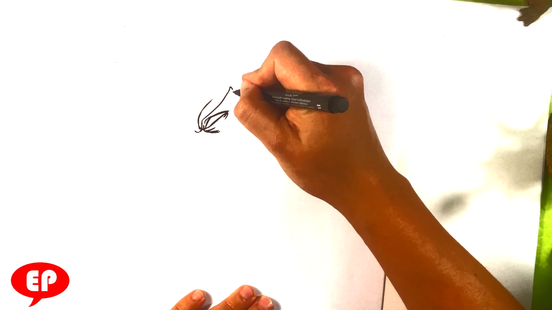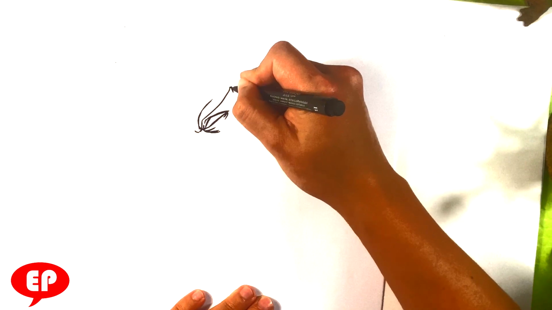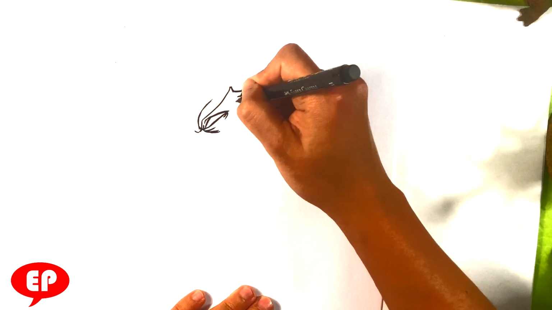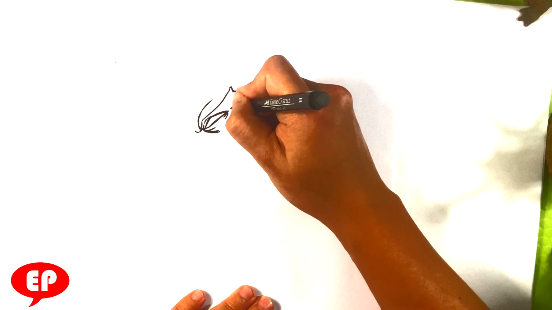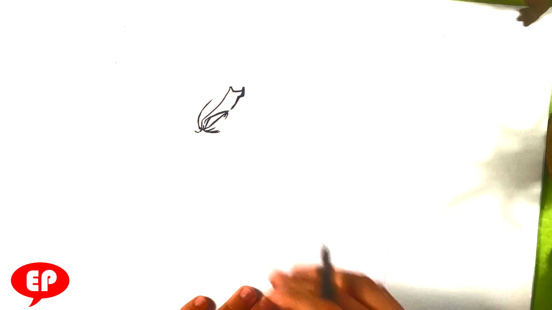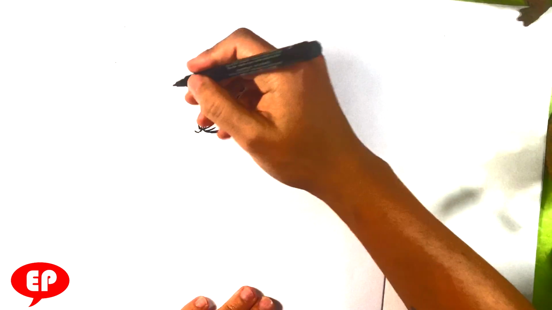Curve line here for the eyebrow. Doing most of the drawing from the eye and going outward from there.